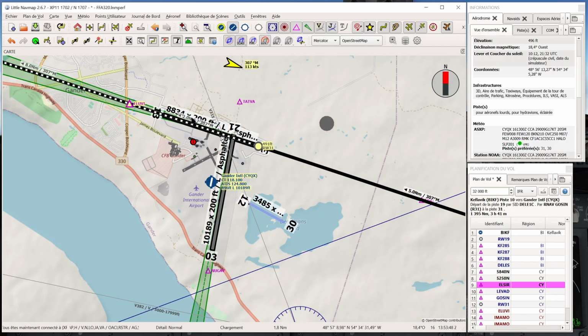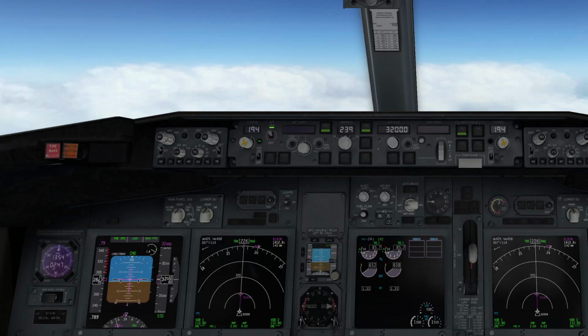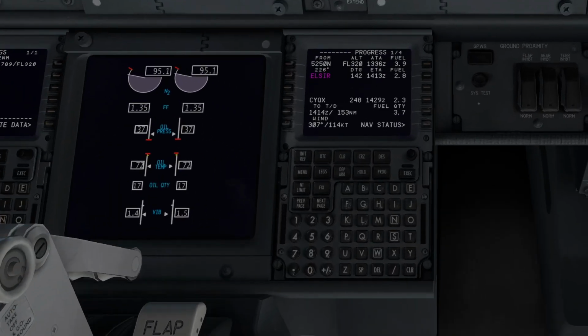Okay, so the runway heading is 307. Let's plan that in FMC.